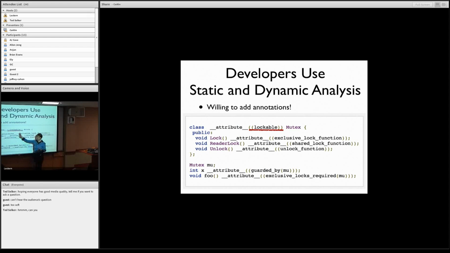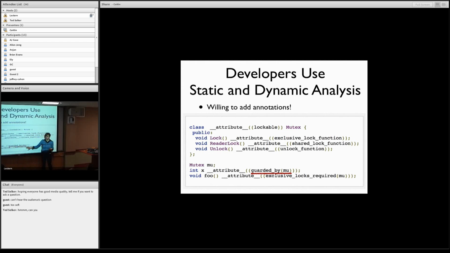So here I have a lockable mutex class, and you can explicitly say, all right, this is a lock function, so whenever this function gets called, that means I've acquired a lock on the class. And then later on, you can have a variable and say this variable is guarded by mutex mu. And statically, we'll check and make sure that whenever you access X, you have first called the lock function on mu.